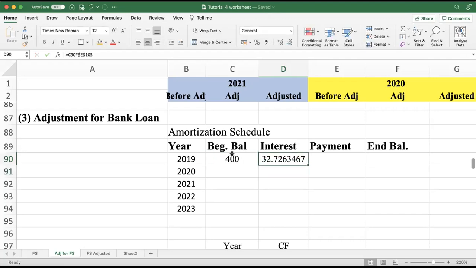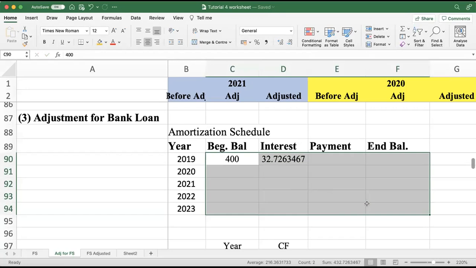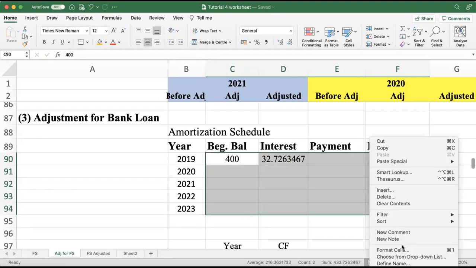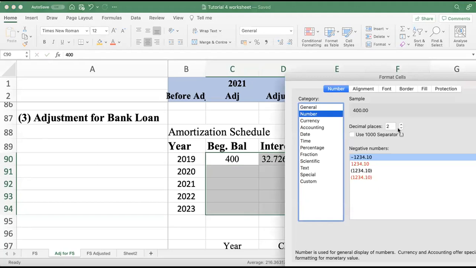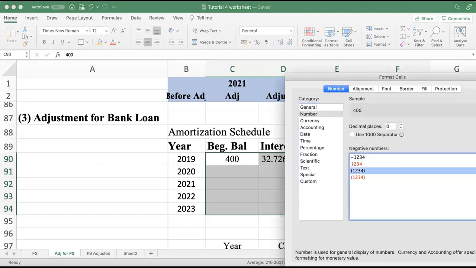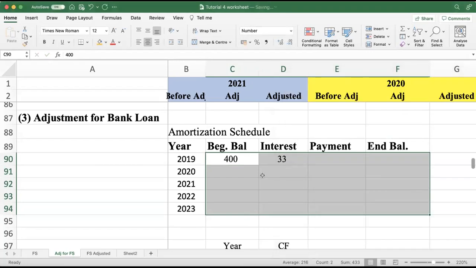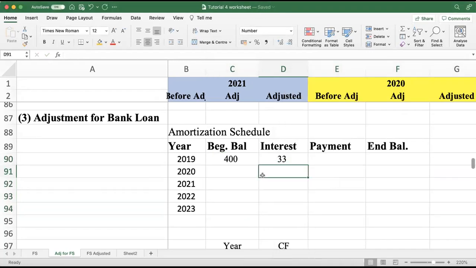We'll round up this value. 2019 interest, 33.